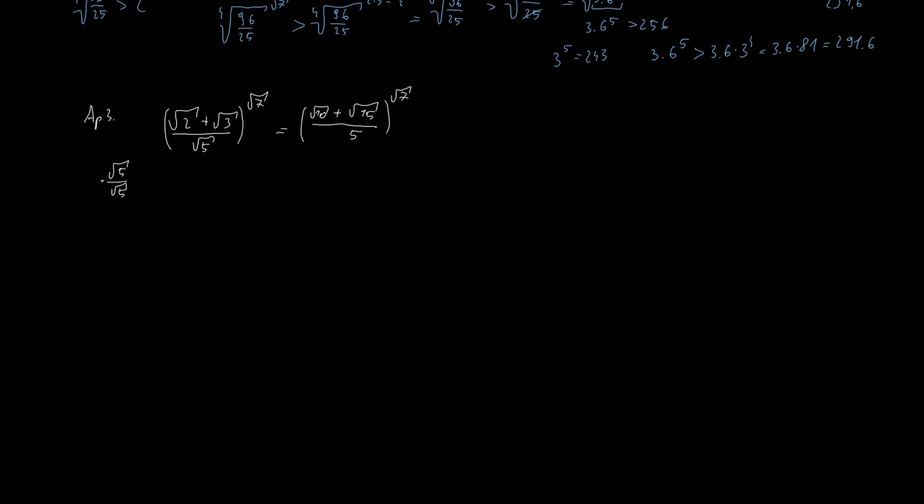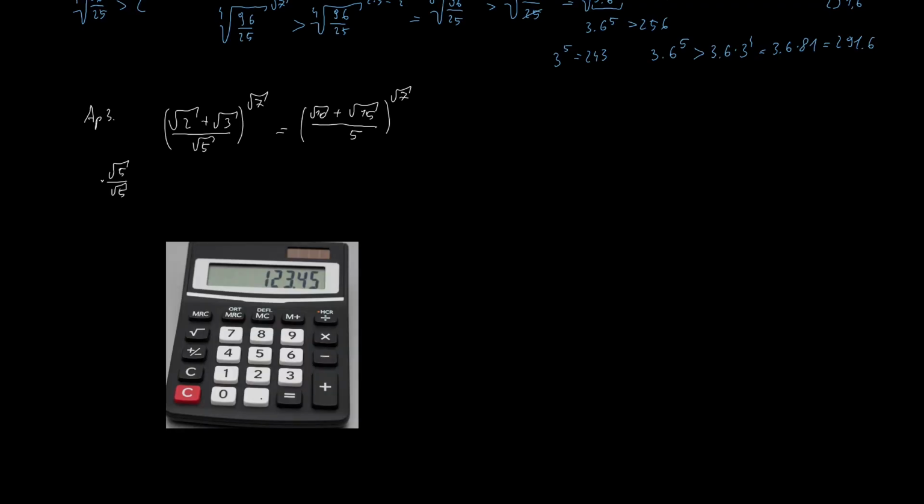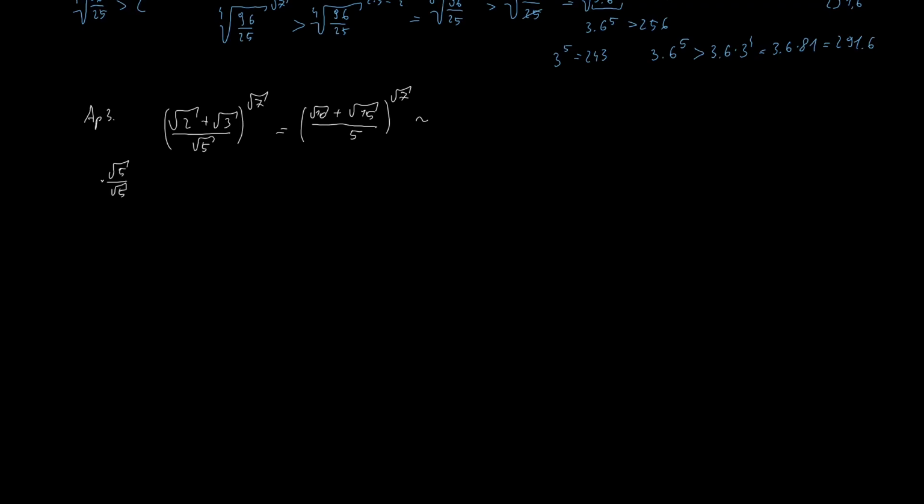And we could use the simple calculator. If only a simple calculator is what we have, then it is approximately 3.2 plus 3.9, divided by 5, to the power of 2.7. And then we could write that this number is between 3.5 plus 3.0, divided by 5.